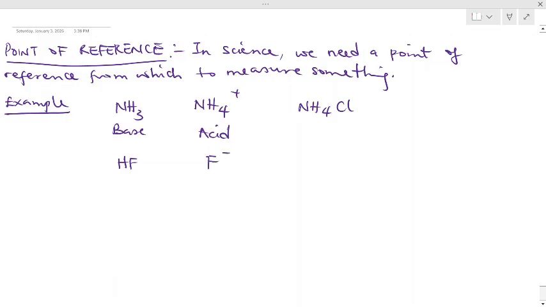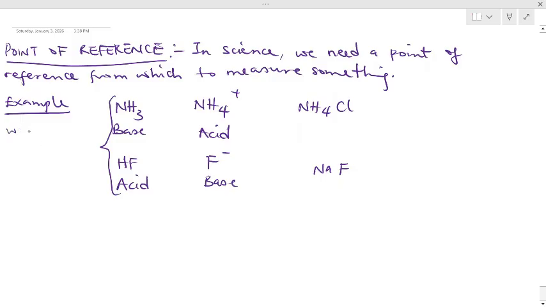This is an acid because it's giving off its hydrogen, and this is a base. And here we have sodium fluoride. So if we look at all of these, what is important is your perspective of what is accepting a proton or giving up a proton.